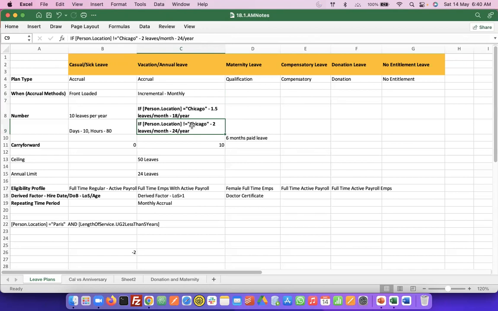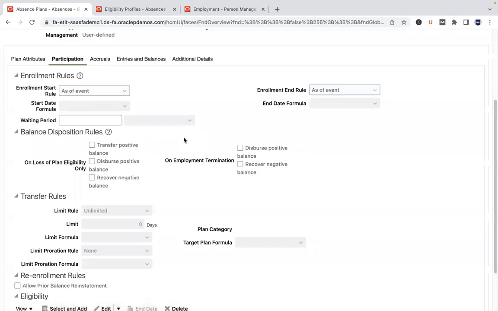Maybe they can take up to 5 leaves, so that the balance gets adjusted with the leaves that get added in the next month. In such a case, if there is any negative balance that needs to be recovered, the payment would be deducted appropriately. So these balance disposition rules will determine how you want to deal with a pending balance.